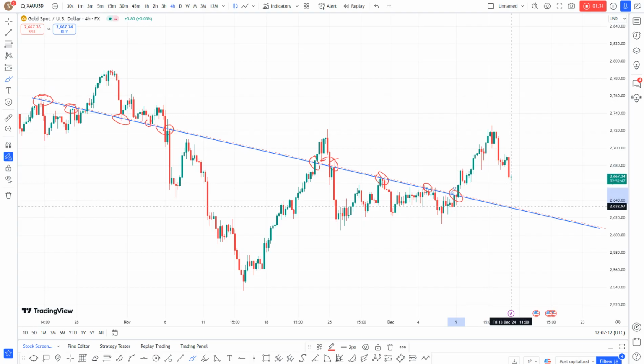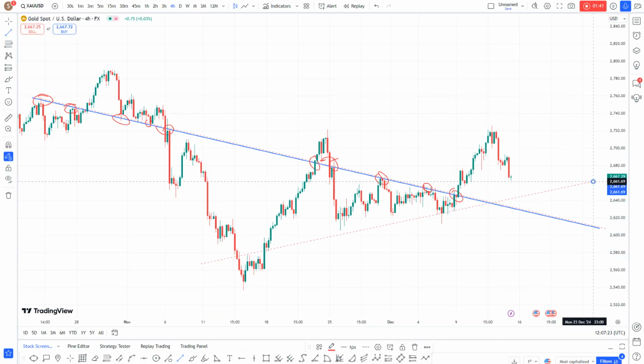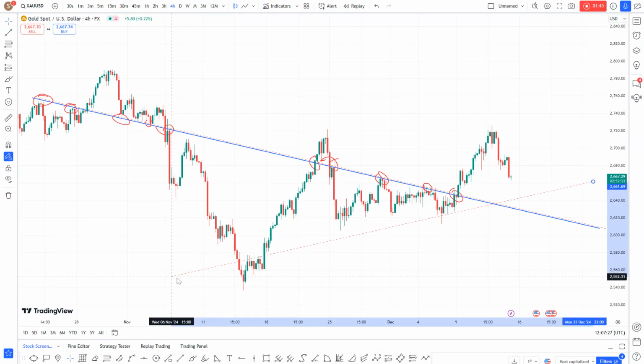If price returns here, we'll be on a more critical note, and we want to back it up with our previous ascending trend line where we look out for price, and let's see what happens from here.